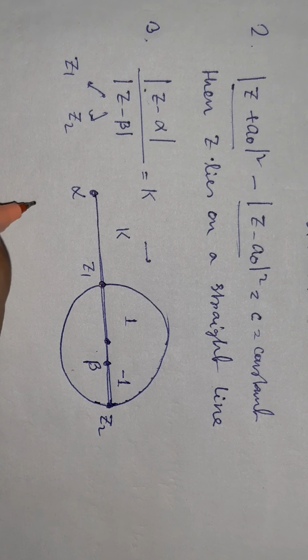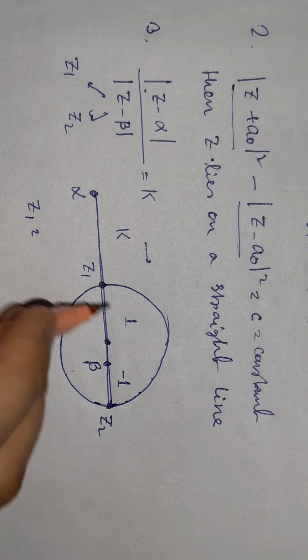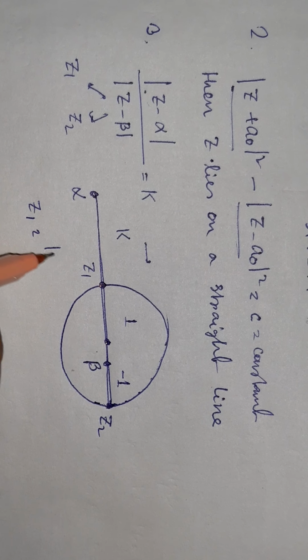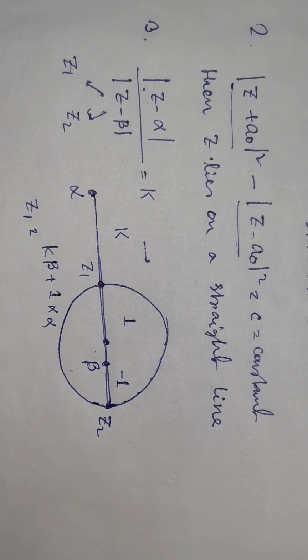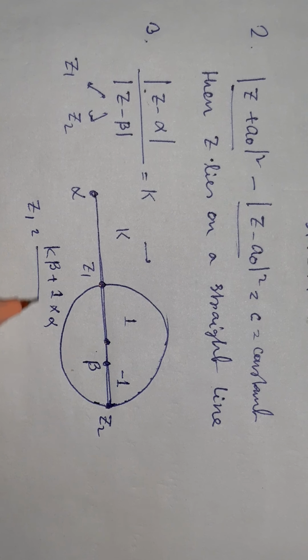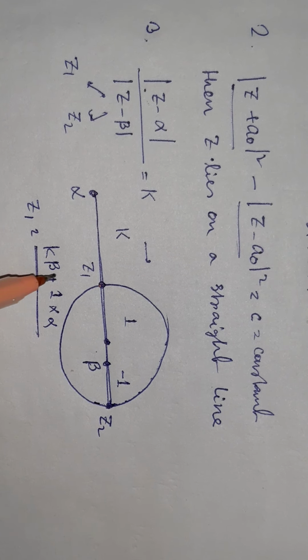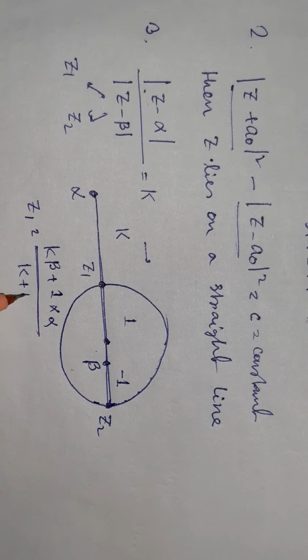So we can write z1 as k into beta plus 1 into alpha, divided by the sum of the ratios, k plus 1.